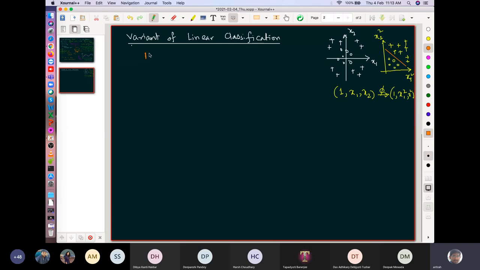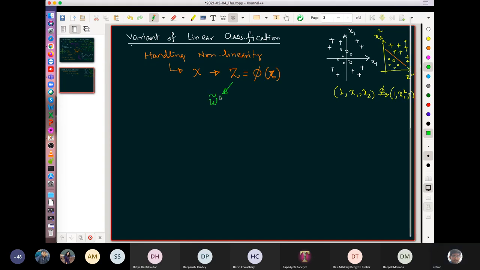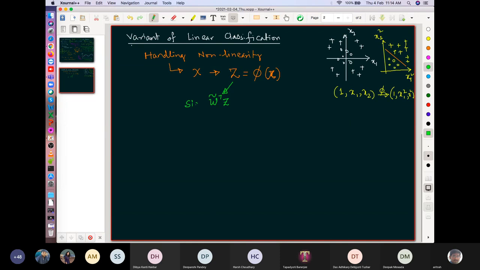So for handling non-linearity, we now have an engineering technique. We are given X as an attribute. We transform it into a different attribute set following a transformation of the data over that X, and we call it Z. Since this is linearly separable, taking this Z, we try to find this kind of W transpose.